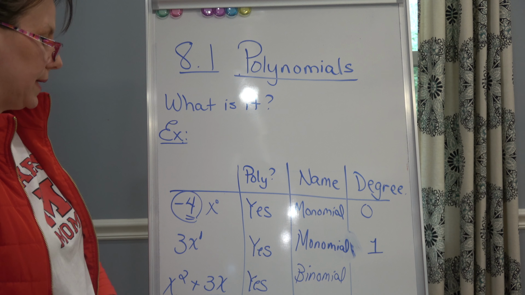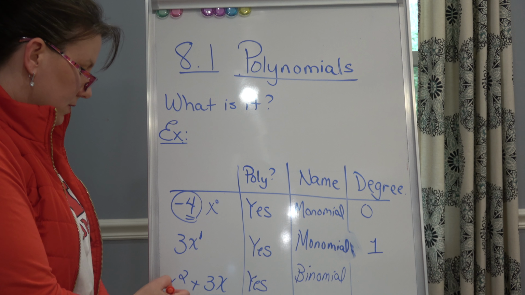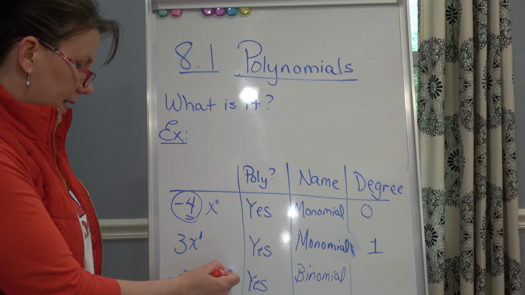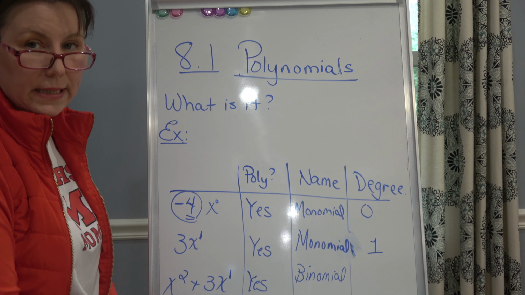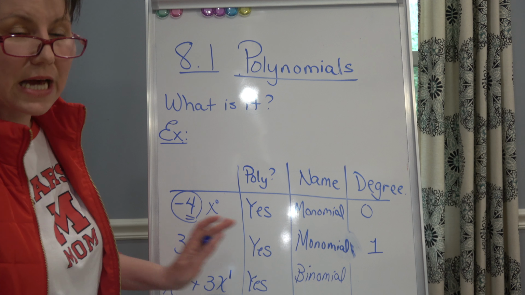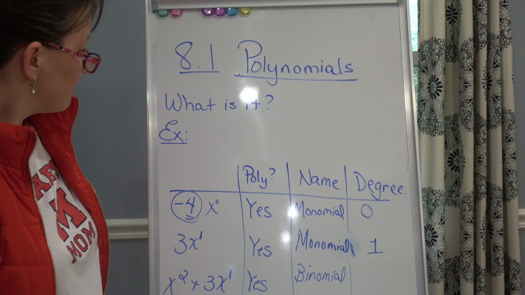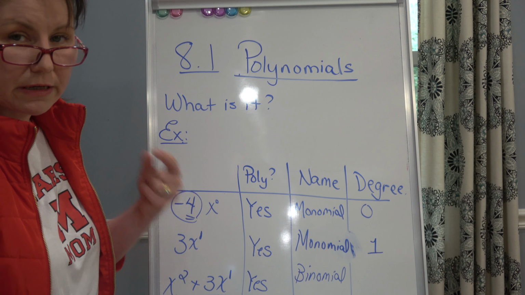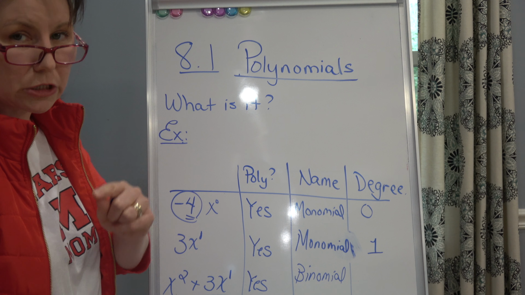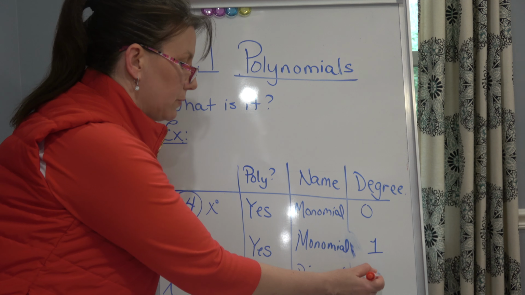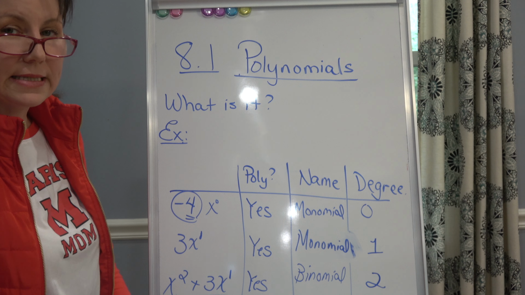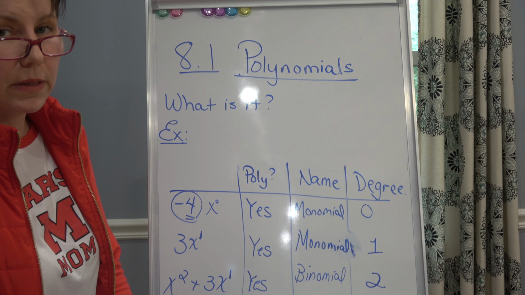And its degree, because x squared has a degree of 2, 3x has a degree of 1, the degree of the entire polynomial would be the highest degree of the two. You got degree 1 and degree 2, so it would be degree 2. So you could say that is a second degree binomial.